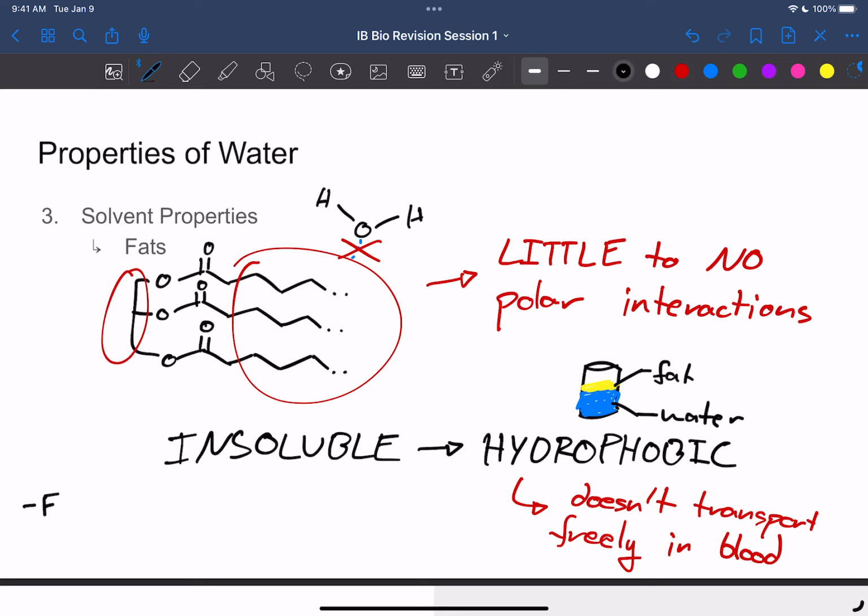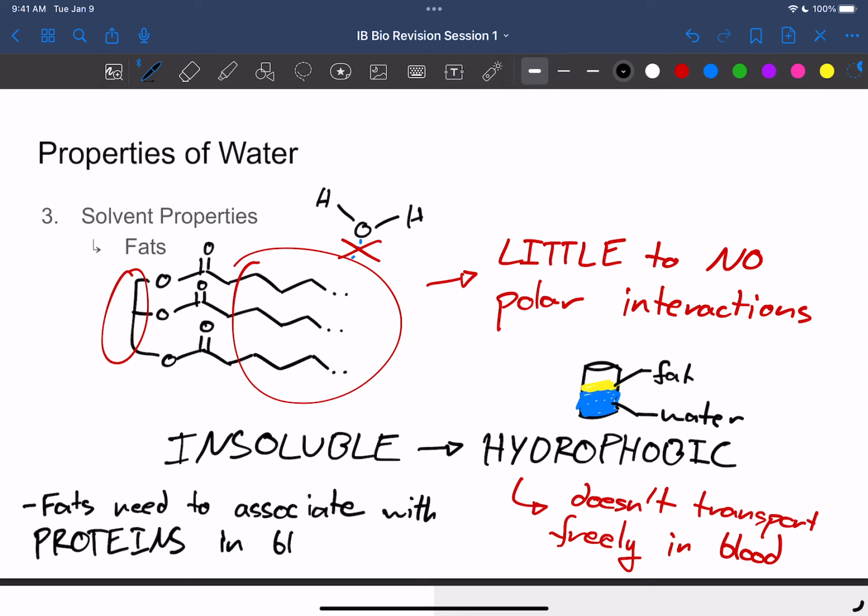So instead, what you need is fats need to be part of proteins in order to transport through blood. Proteins are soluble. So when you have something insoluble interacting with something soluble, it makes it more soluble.